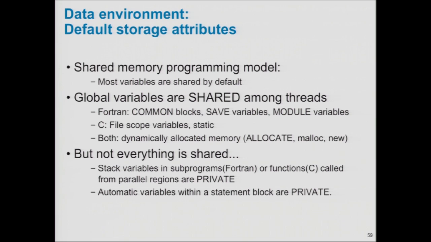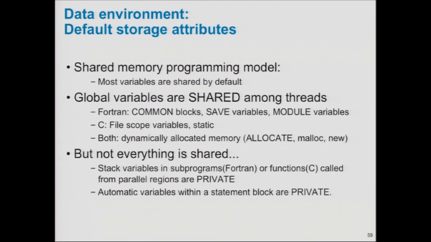I've mentioned that we have this concept of data environment and data sharing attributes for variables, but I've avoided getting into a lot of details about it because we didn't really need them. Some variables are shared, some are private, and as I indicated, there are defaults for them.